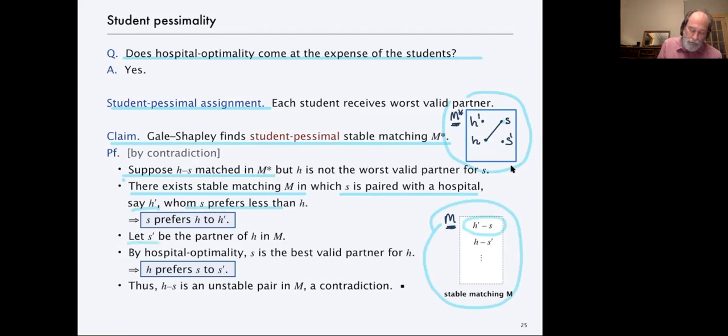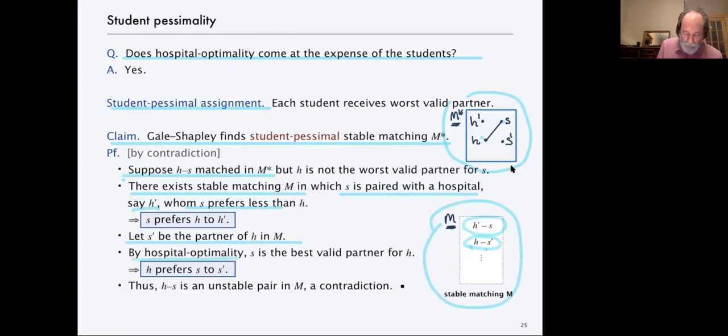Let S prime be the partner of H in M. So we have H, this is the same H, and it's matched to some student other than S. Call that student S prime. Now what do we know?